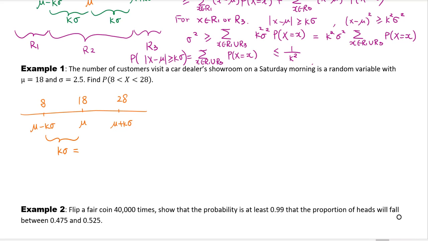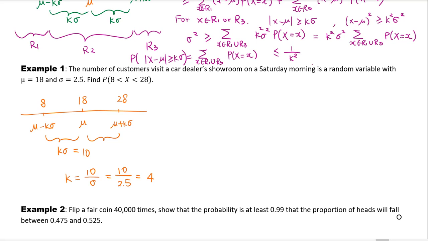What's the distance between 18 and 8? That is 10. And also on this side, k sigma is 10. So what is k? 10 over sigma. The sigma is 2.5. 10 over 2.5 is 4.